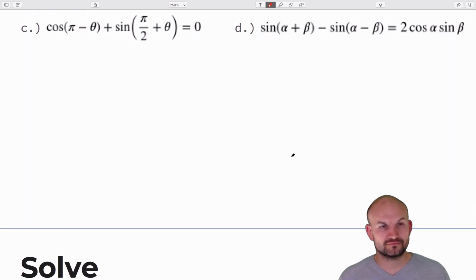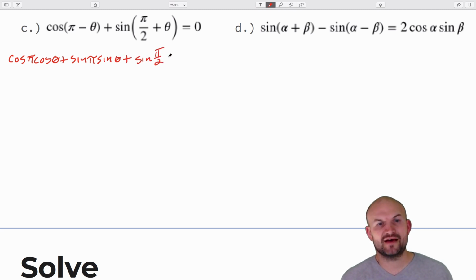So in this one here, I will have cosine of pi times the cosine of theta, plus the sine of pi times the sine of theta, plus sine of pi halves times the cosine of theta, and then plus the cosine of pi halves times the sine of theta.